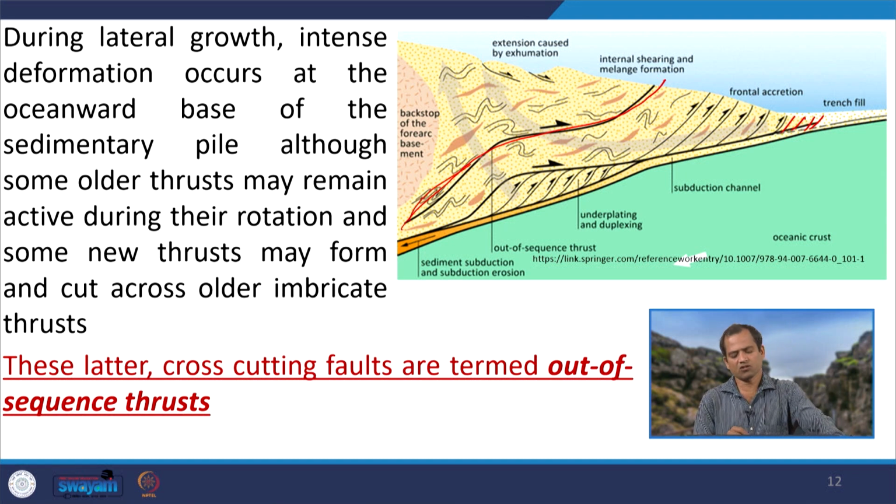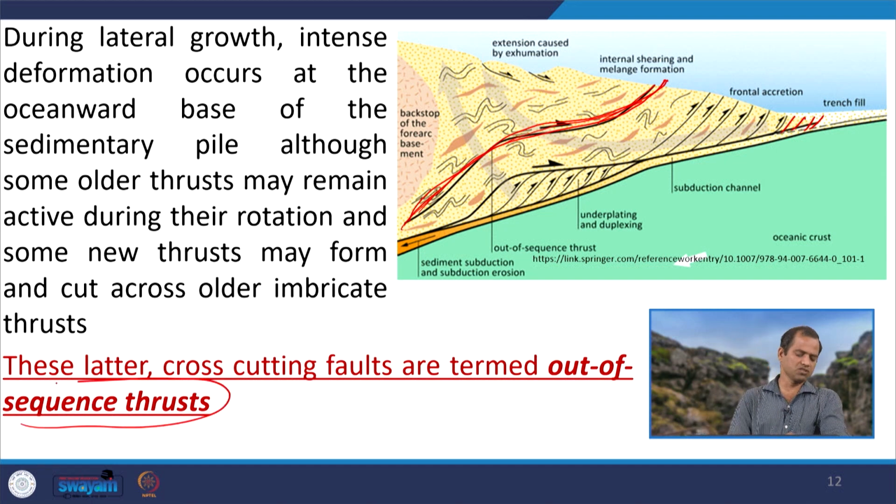These thrusts which are cross cutting all these thrust systems, or the newly generated thrusts which are generating from the inside due to compression, are called out of sequence thrusts. Out of sequence because they are not in sequence with the thrusts which are generated at the frontal side and getting rotated. So, this is the newest one, and gradually it becomes older and older like this, and with time their rotation takes place.